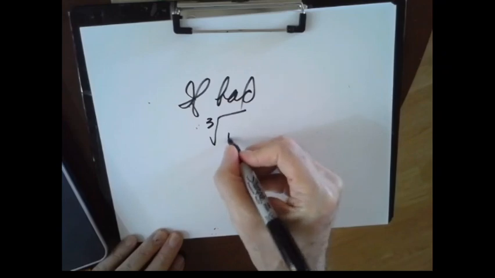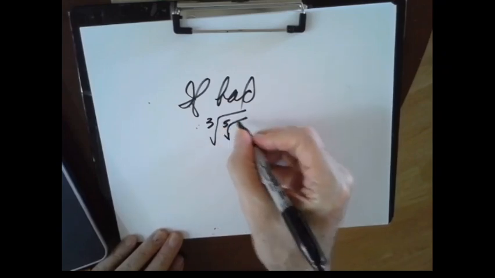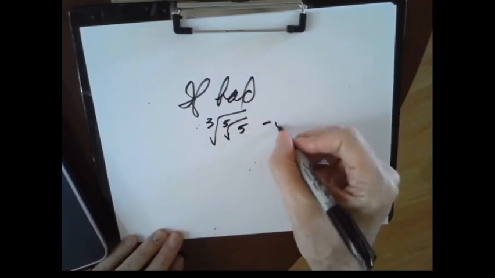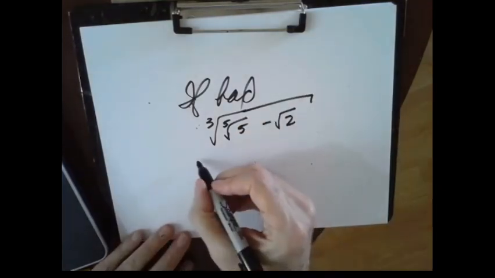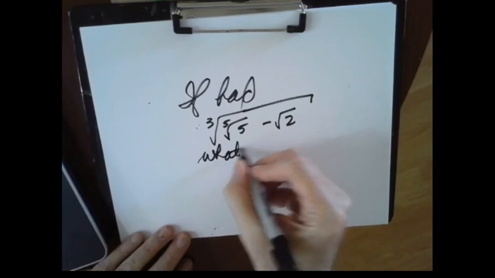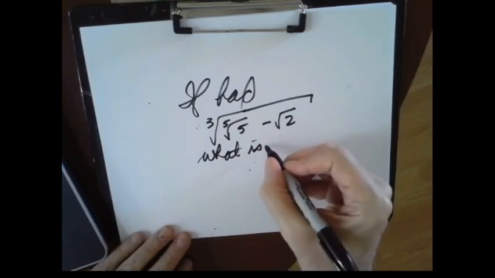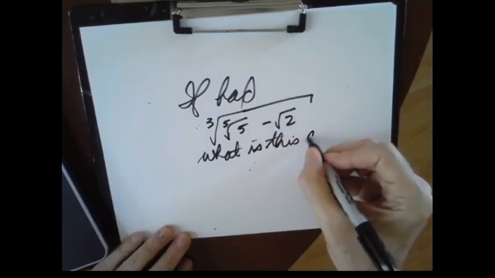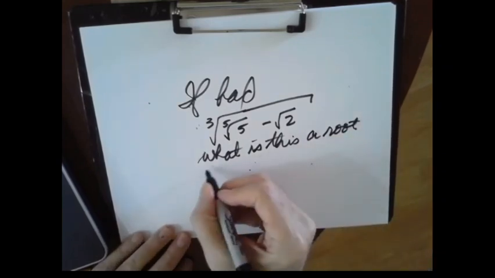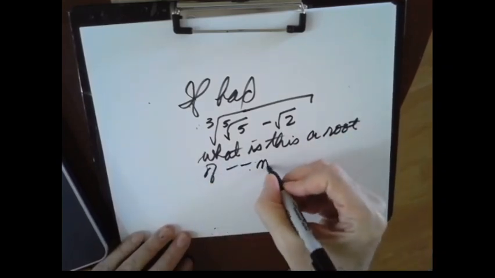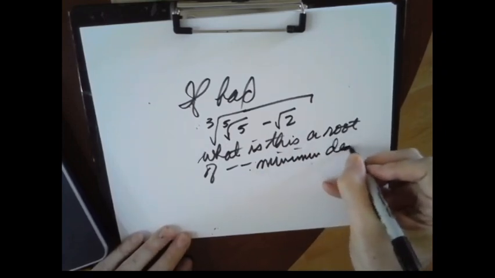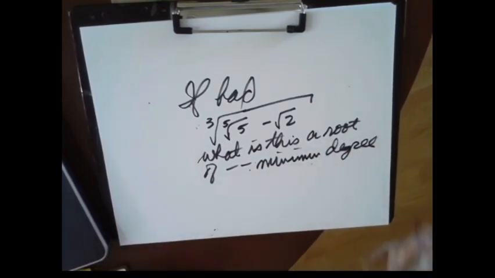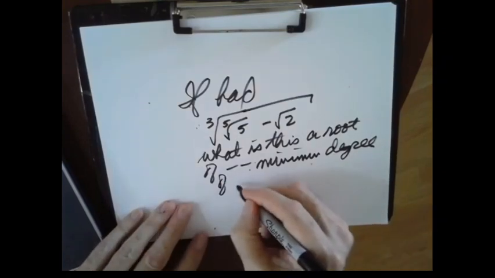If I had some messed up surd like this, say, what is this a root of? What's the minimum degree of poly?